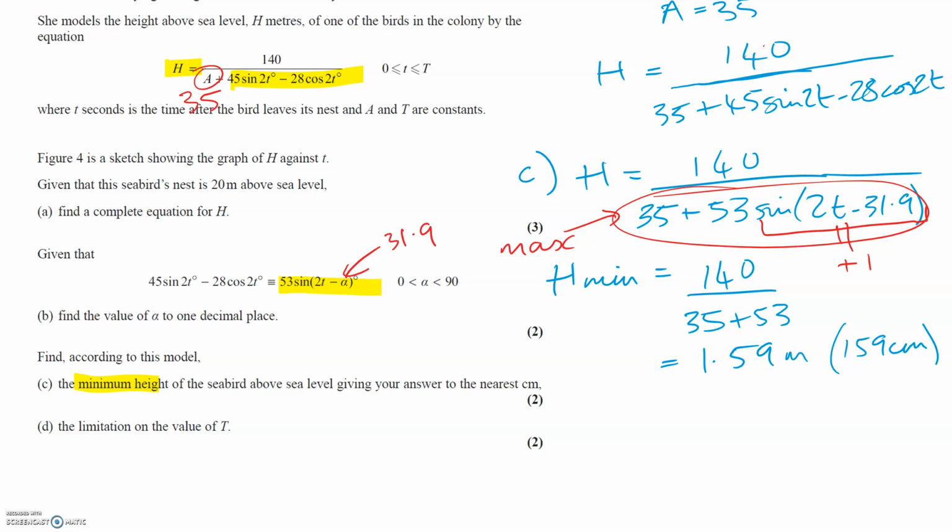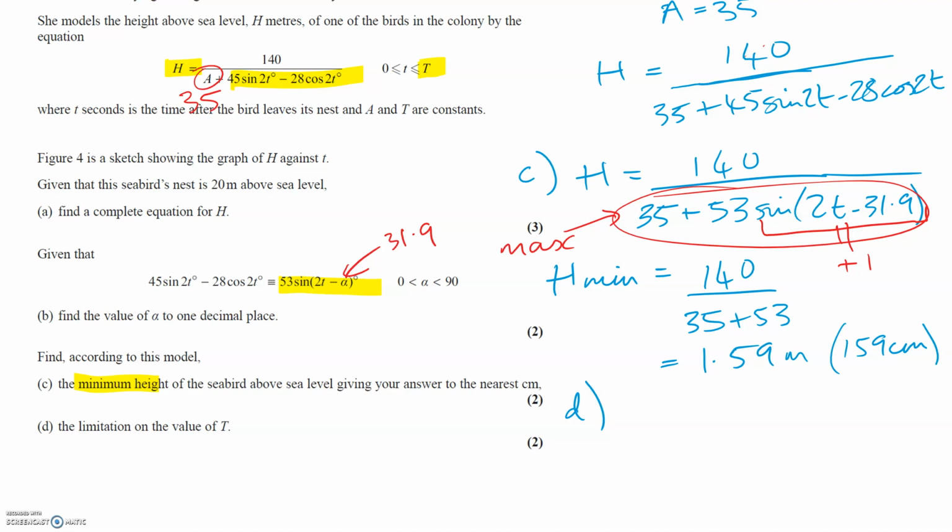Now in part D, the last part of this question, we've got to find the limitation on the value of t. T is the maximum time that this model will work for.